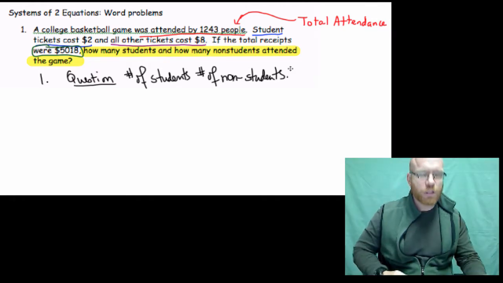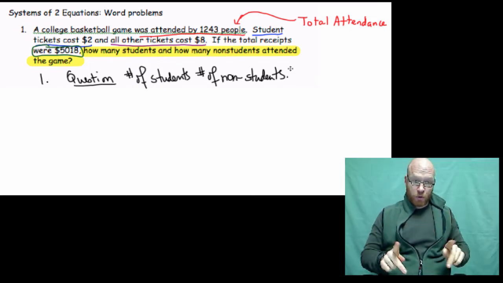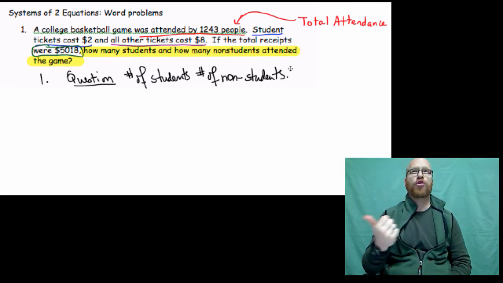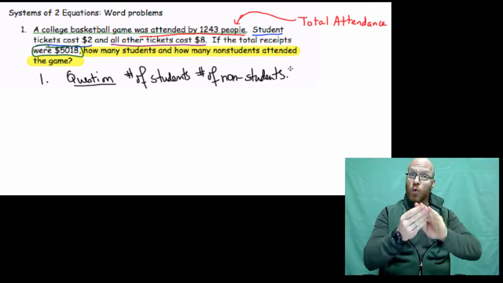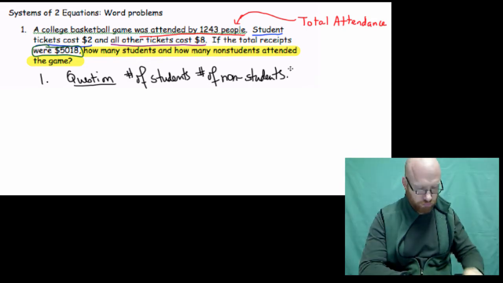Something's wrong. What else is not possible? You can't have half a person, so that's not possible. There are some more things that aren't possible, I think. Okay. We had 1,243 people in total at the game.